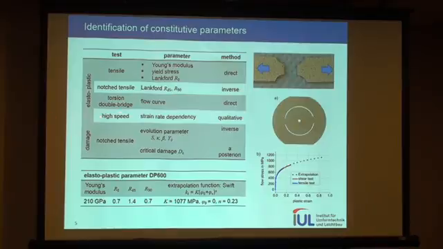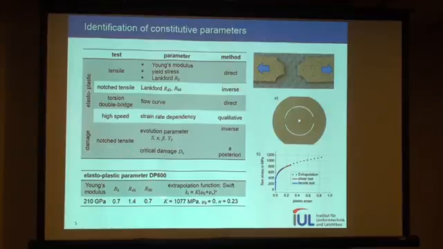We have also done some high-speed testing for checking the influence of strain rate dependency. We haven't found that much influence, so we have neglected strain rate dependency. And for the identification of the damage evolution parameters, we have also used a tensile test with inverse identification. I will show you on the next slide.